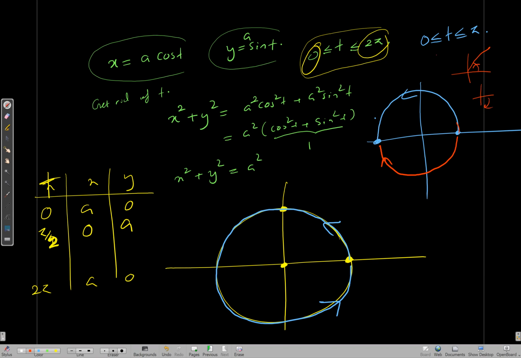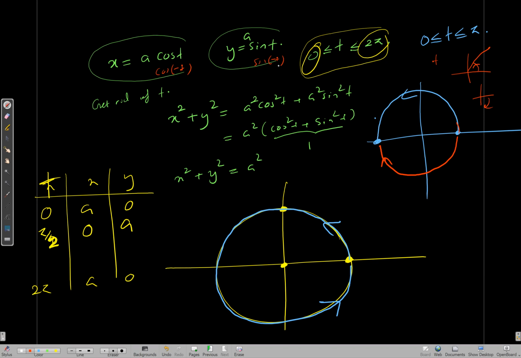So if you go with minus t, for example, cosine of minus t and sine of minus t, then it will change the direction. We can do things like that in parametric equations.